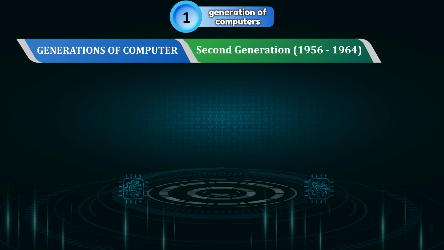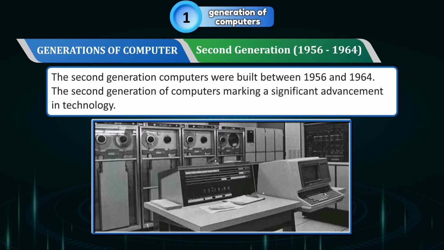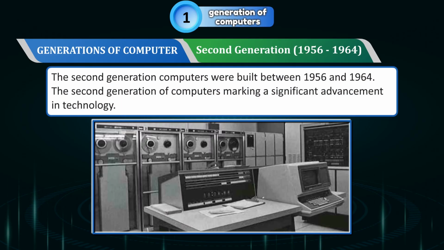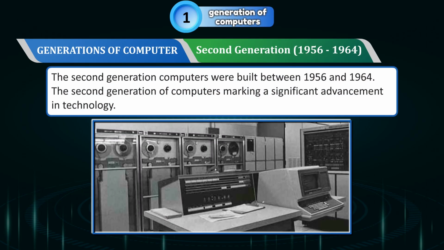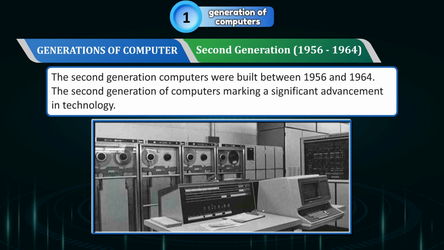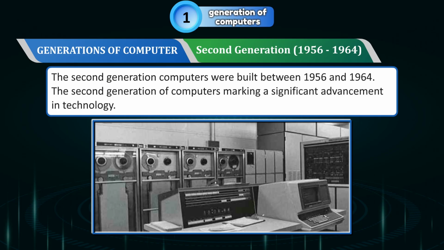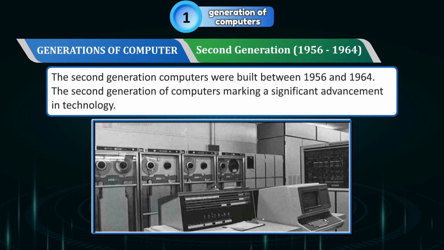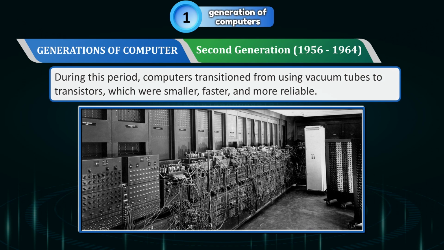Second generation, 1956-1964. The second generation computers were built between 1956 and 1964. The second generation of computers marked a significant advancement in technology.